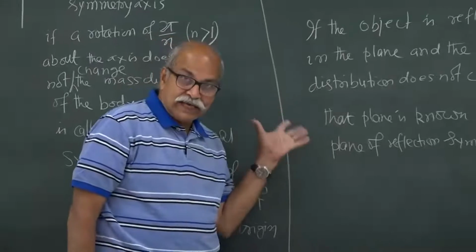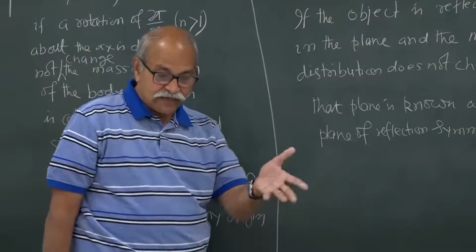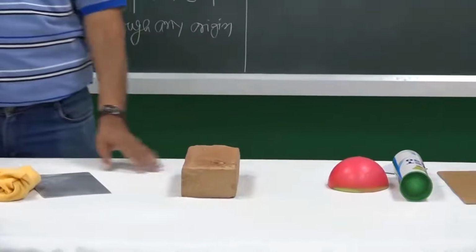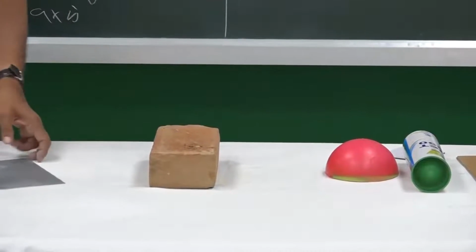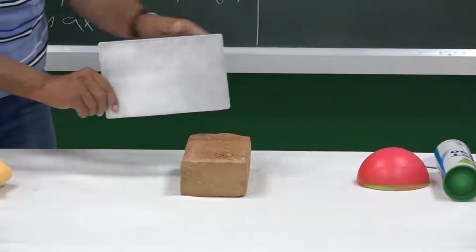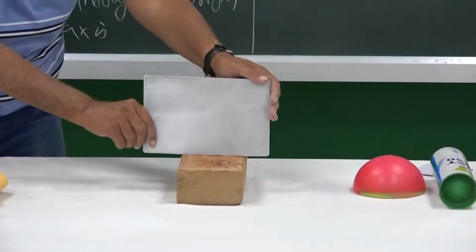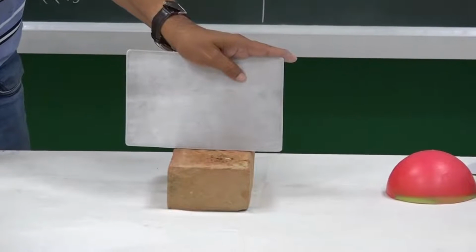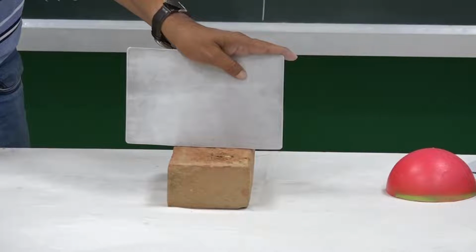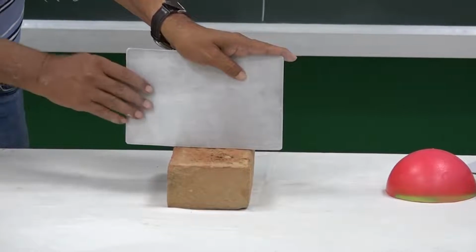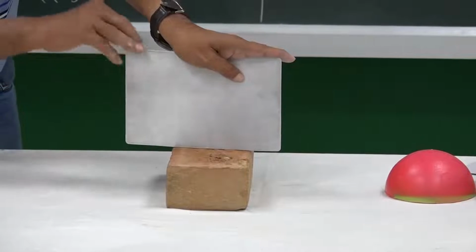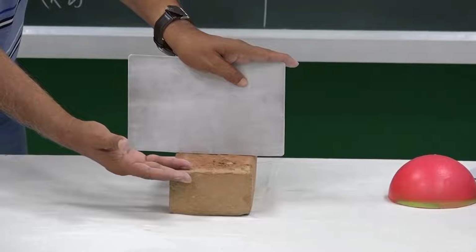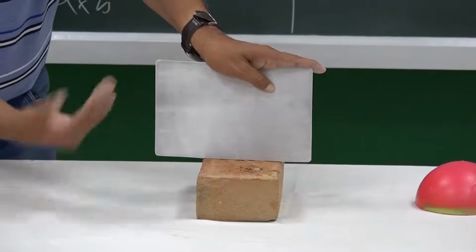Let us take examples and look at this brick here placed on the table, and let me take a plane. Suppose from the middle I am using this plane. What happens if I reflect this brick in this plane? This side will go to that side and that side will come to this side. Everywhere all particles are to be reflected.